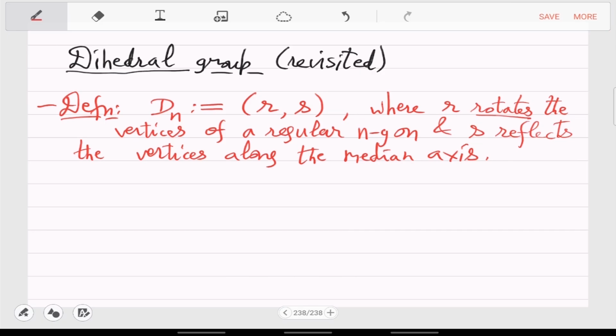So you rotate, basically you send the first vertex to the neighboring second vertex. So that is a single rotation. That is called r. What will be r square? So r square will be 4 pi by n, right? You do it twice, so 1 will go to 3, and so on. So there are n rotations possible, and two possibilities of reflection. Either you don't reflect or you reflect. So this is the dihedral group.